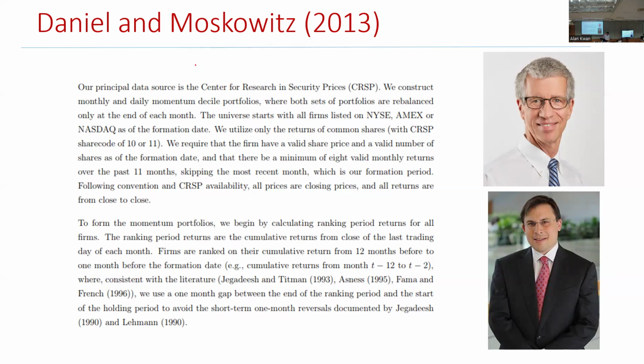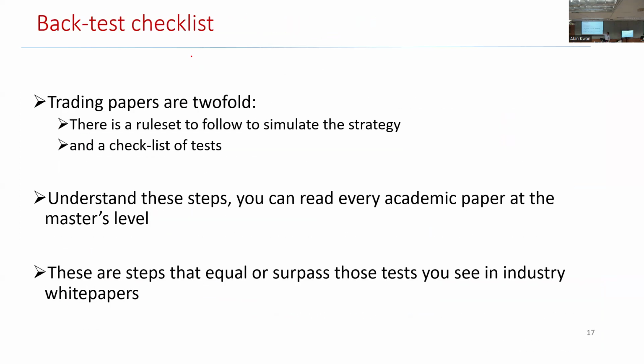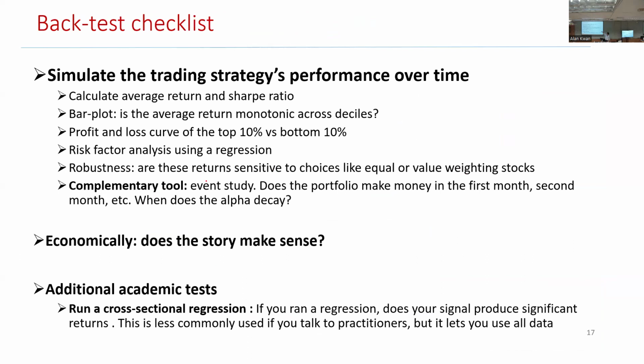So remember what we're trying to do here. We're trying to form a long short portfolio and do all this stuff to verify that a trading strategy seems, at least in the sample, to be robust, and then to understand exactly why the strategy will occur in a way that makes us think it might happen in the future.